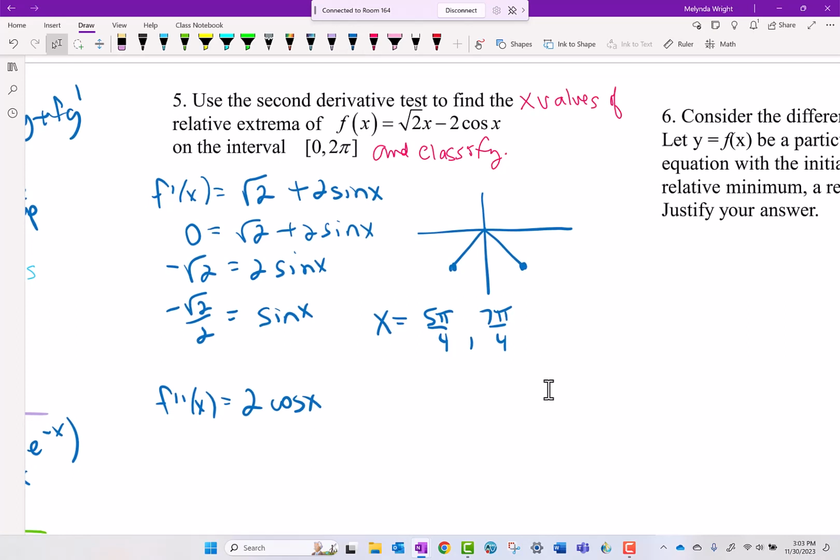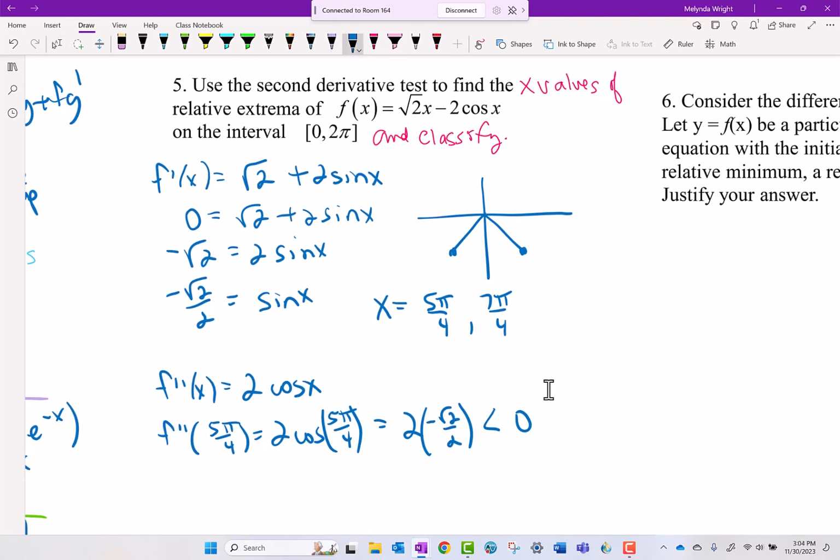So f double prime of 5 pi over 4 is 2 cosine of 5 pi over 4. Let's see, what is that? Cosine of 5 pi over 4. Cosine is negative over here, so that would be negative root 2 over 2. Okay, so that is less than 0.